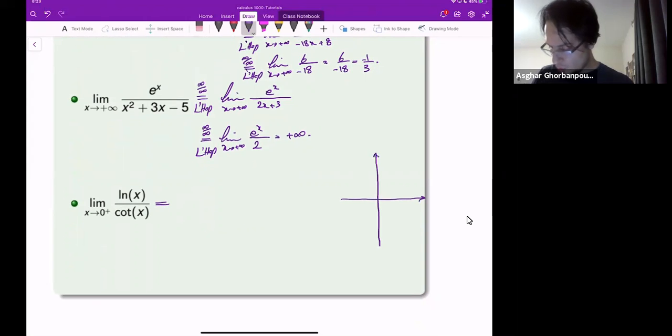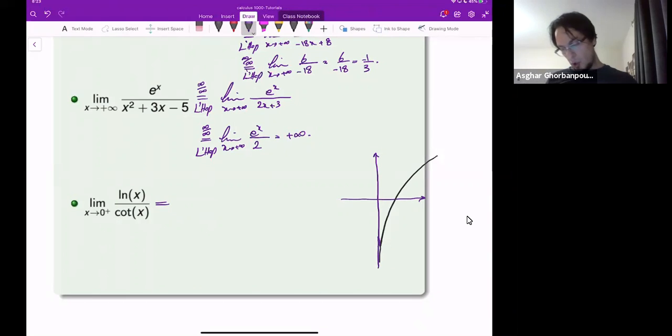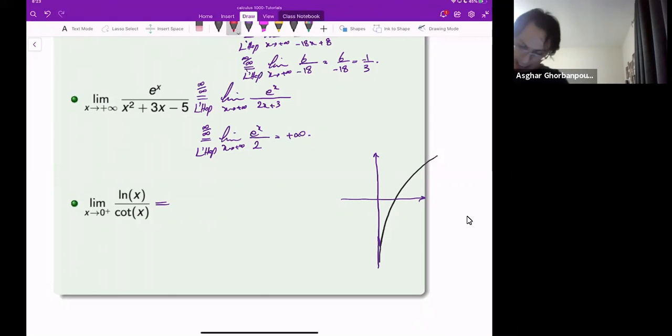The third example, as x goes to 0 plus, let's just have the graph of these functions. Those will show me how this works. Okay, for ln x, it is something like that, goes down. It never passes the y-axis, so the y-axis goes like that. And cotan x, I will do it with the red one. It's just something like that.